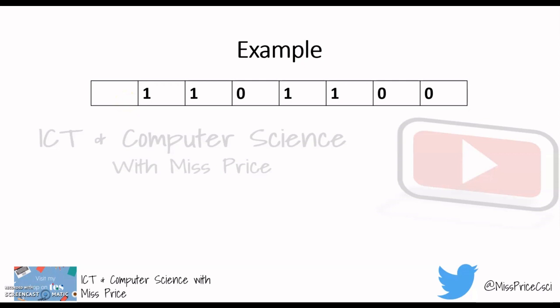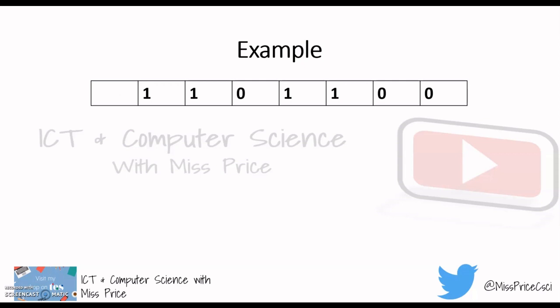If there's an odd agreement, we are going to need an odd number of ones. You can see that in this byte of data there's 1, 2, 3 and 4. So this would at the moment be even, but if the computers agree to an odd transmission, then the parity bit here would be a 1.